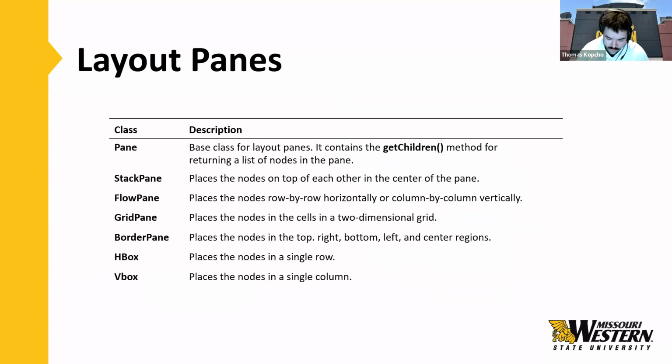Layout panes create flexible, responsive UIs without manually calculating coordinates. All layout panes extend the base Pane class, which provides fundamental methods such as getChildren for adding or retrieving child nodes.